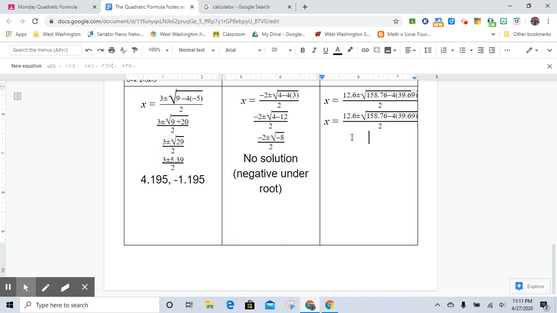And so what is happening here is that all of this cancels out and the square root of 0 is nothing. And so what that means is 12.6 plus or minus nothing divided by 2, which is 6.3.